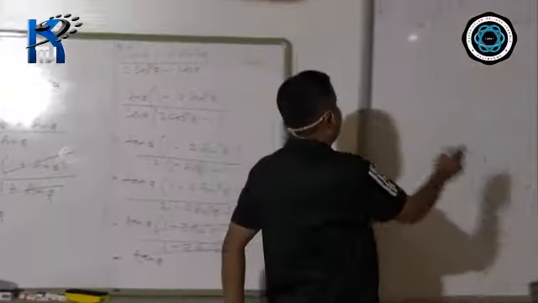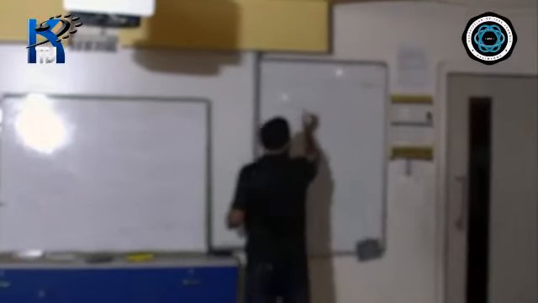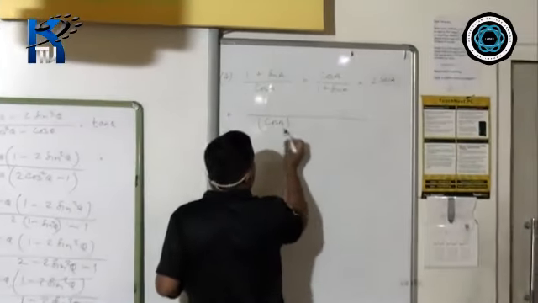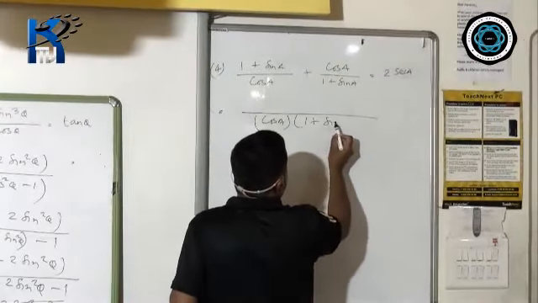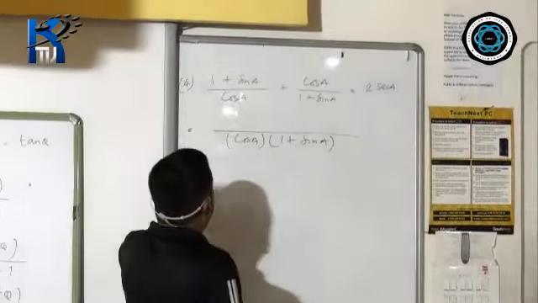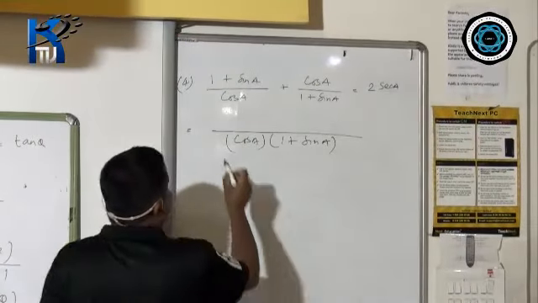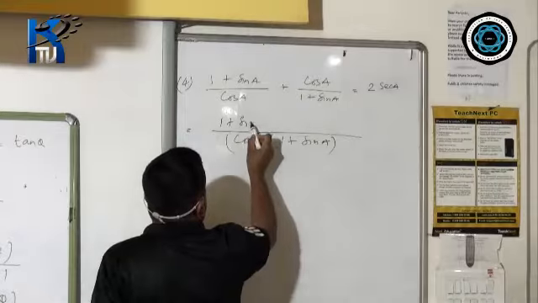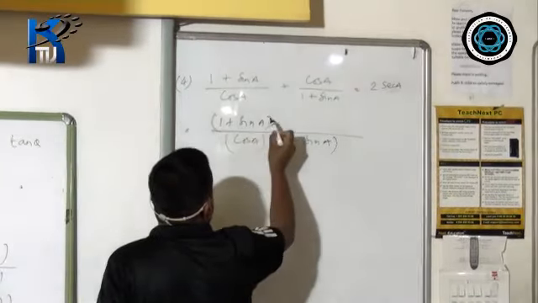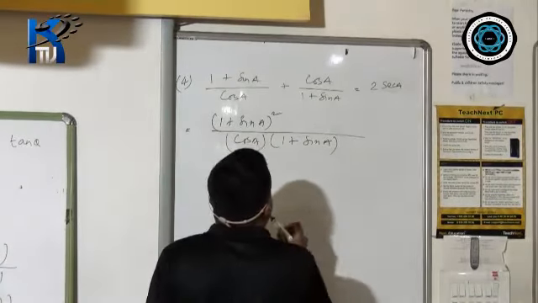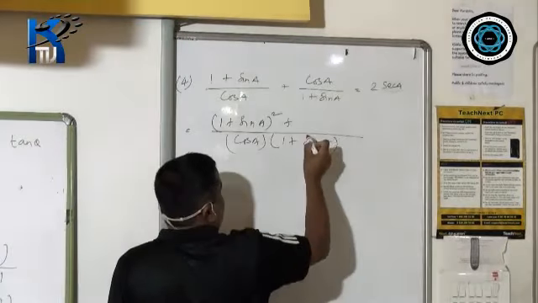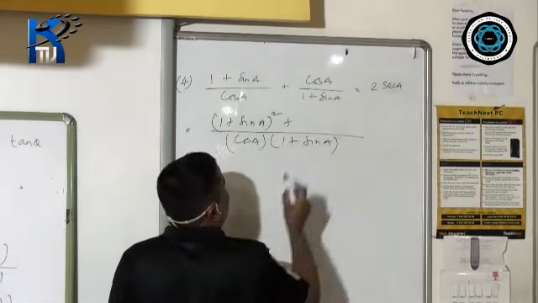Now next question. Again take out LCM. LCM means denominator cos A (1 plus sin A). Now cos A will get cancelled. So what is left is 1 plus sin A into 1 plus sin A, is (1 plus sin A) whole square, plus (1 plus sin A), 1 plus sin A will get cancelled.